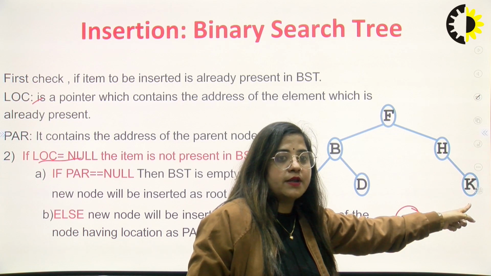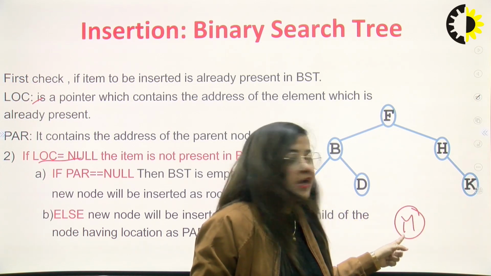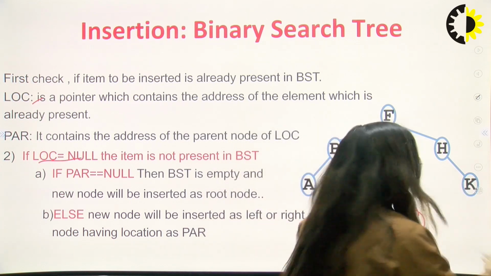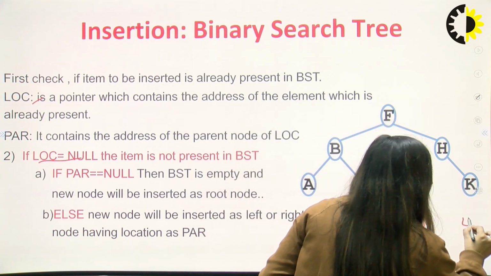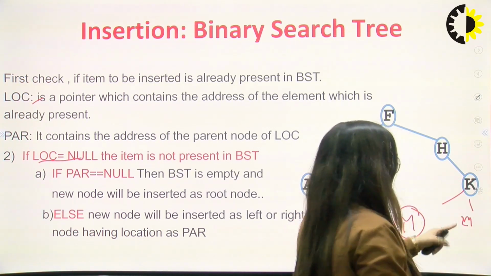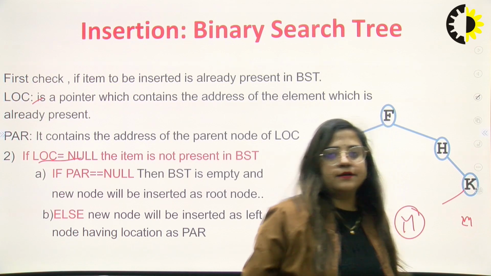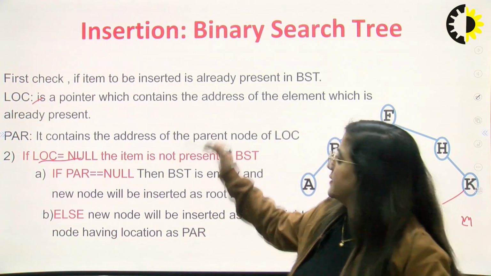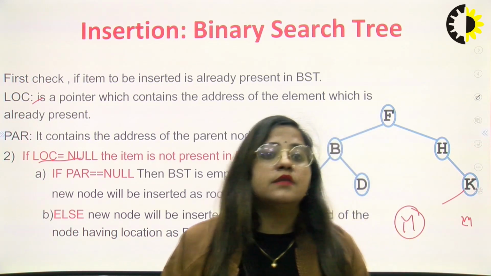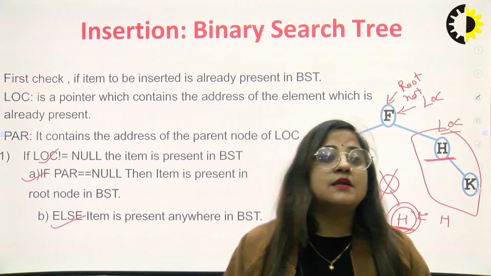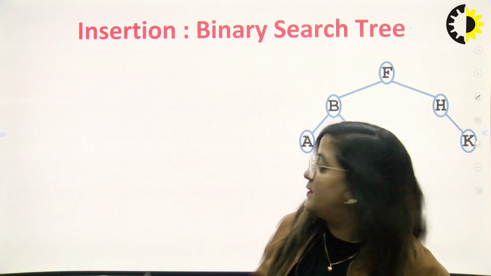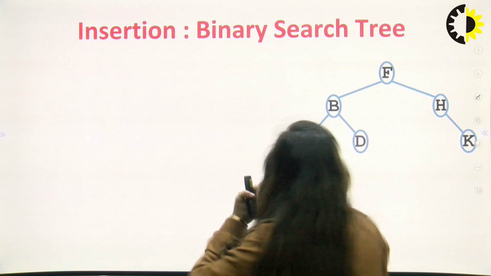K is working as a simple node, and again check M is greater than K, then M is easily inserted here on the right side, and the left side is not, so it comes to the right side. So this is the insertion algorithm where your location is null and previous location does not equal to null. So simply it is easily inserted here.